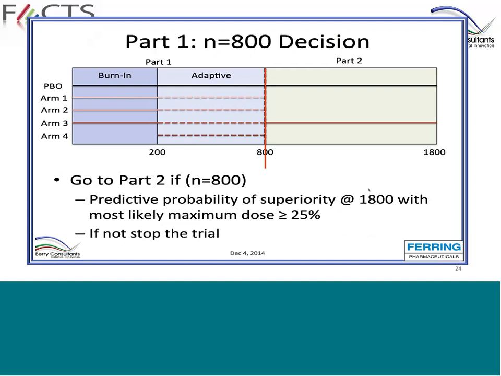Here's an example of the power of simulation that you can't really do any other way. In these slides, you'll see 2014 on here. These have been approved by the pharmaceutical company Ferring for public disclosure. These slides were presented at an EMA conference on designing better phase 2 trials.